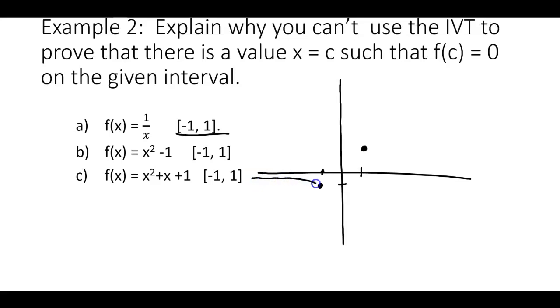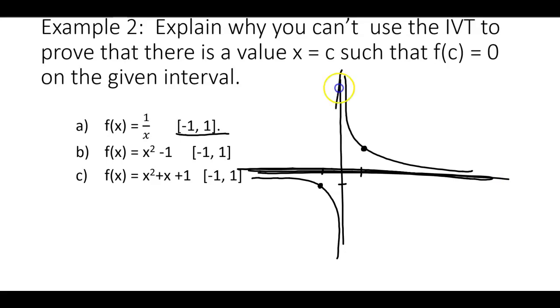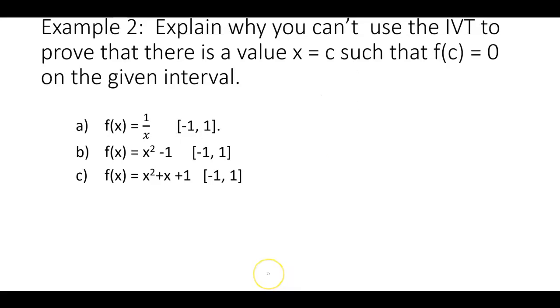So, actually, if you graph this, it looks something like this. So, does the graph ever touch the line where y equals 0? No, it doesn't. And so, since there's a discontinuity at x equals 0, we cannot be sure that it actually touches the y value, which is between these 2 points. We can't be sure it crosses the y equals 0 point. So that's the explanation for 1.